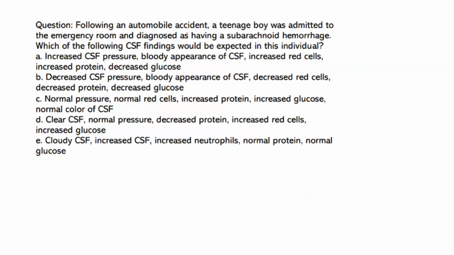There's an automobile accident in a teenage boy, and they have a subarachnoid hemorrhage as a result. Which of the following CSF findings do you expect in this individual? This one isn't really anatomy.